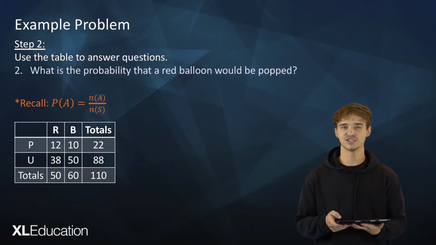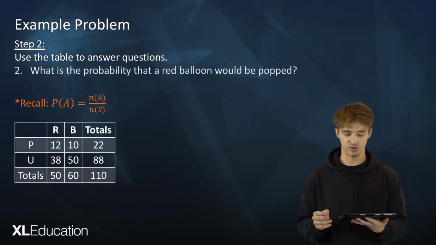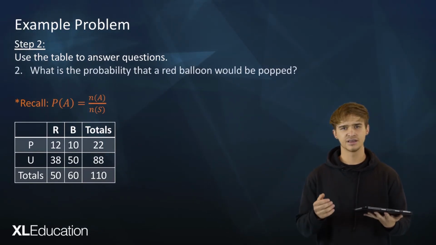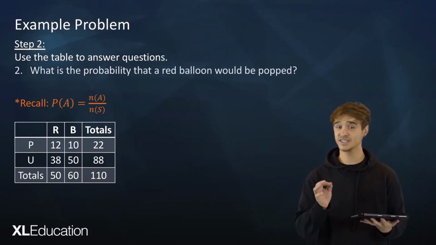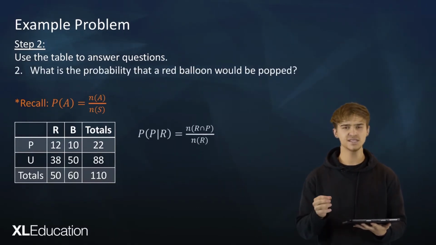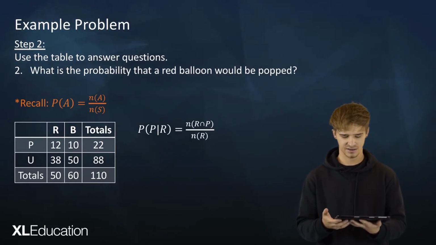Now let's look at question 2. What is the probability that a red balloon would be popped? This is an example of conditional probability, and another way to rephrase this question is, what is the probability that a balloon is popped given that it is red?